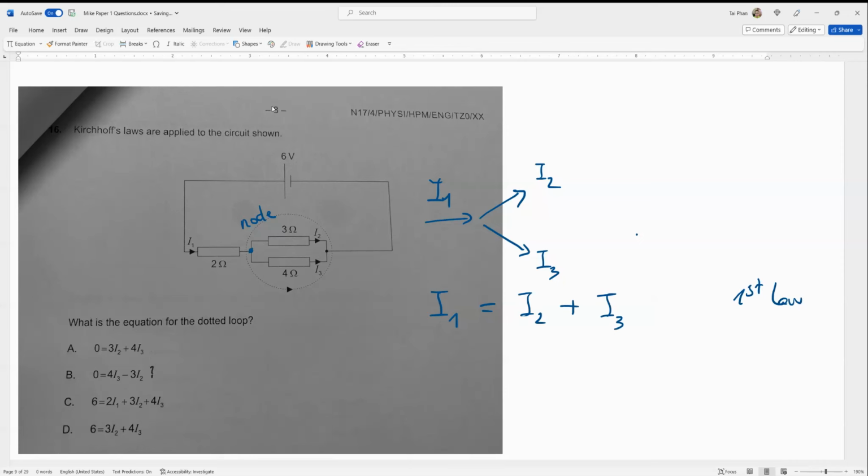For the dotted loop equation, 6 volt is the voltage of the battery, and of course we can calculate the total resistance of the circuit.